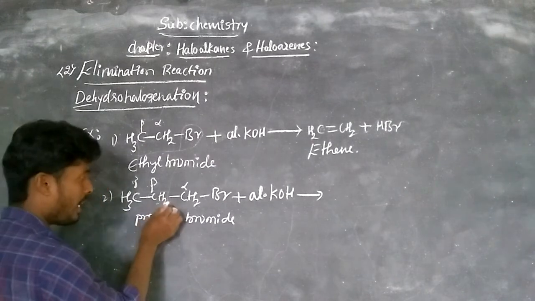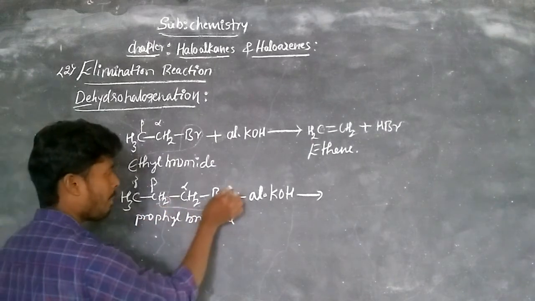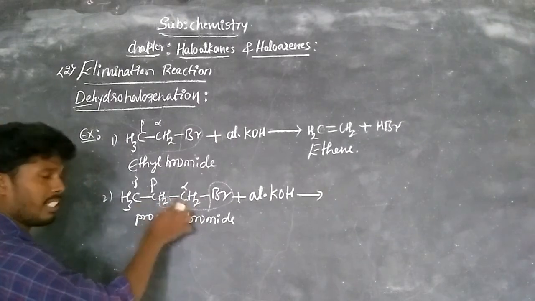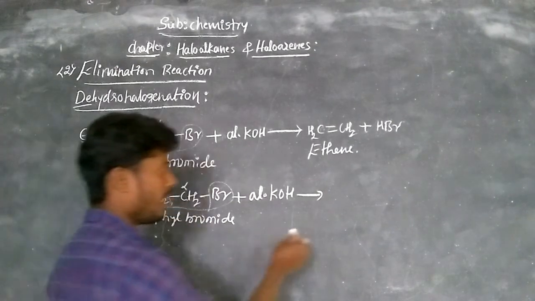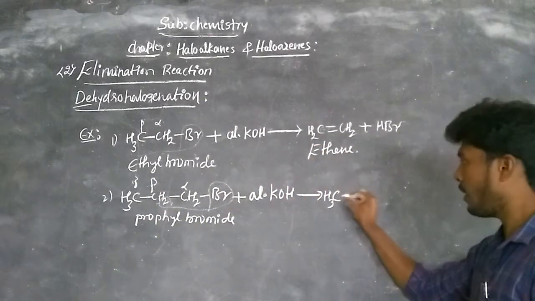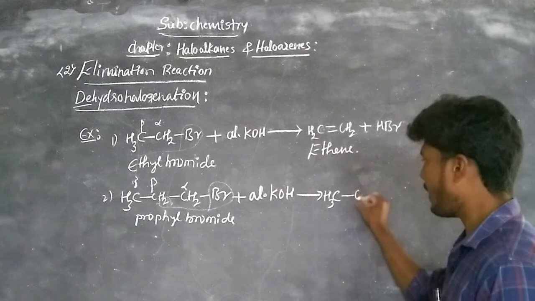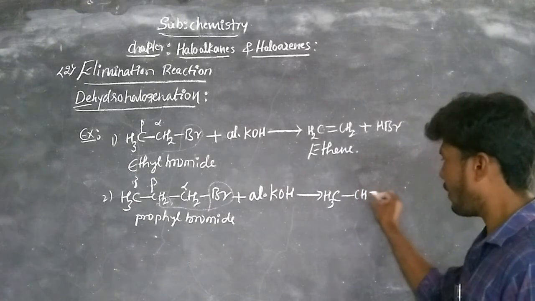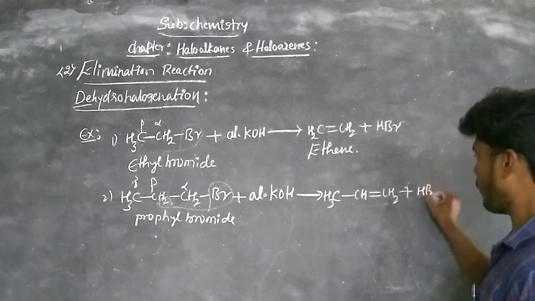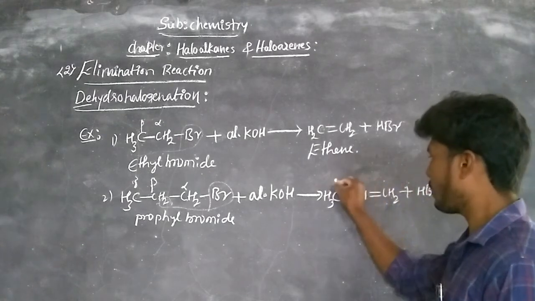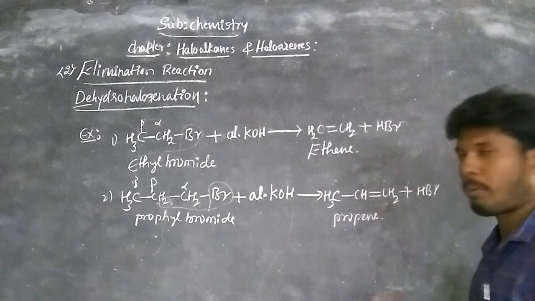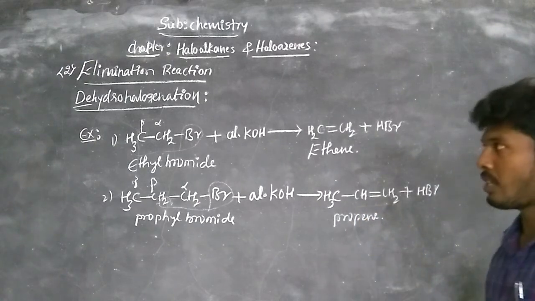One hydrogen from here and this Br are eliminated. The bond is formed between CH and CH2. So what do you get here? CH3CH=CH2 plus HBr. That is propene. This is the elimination reaction.